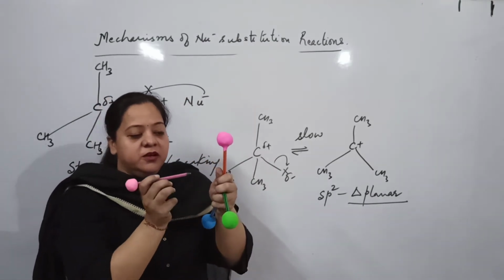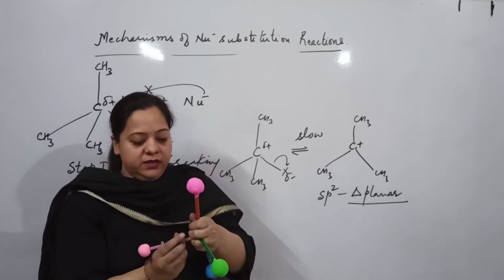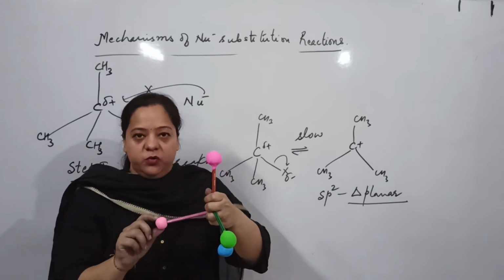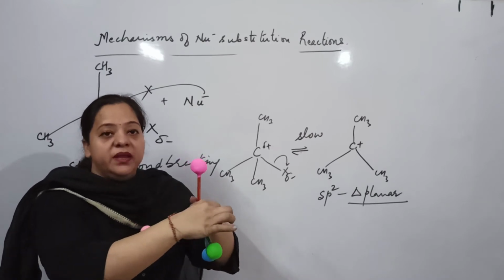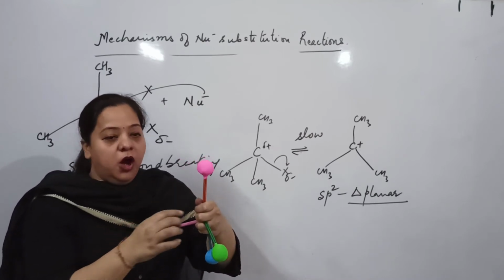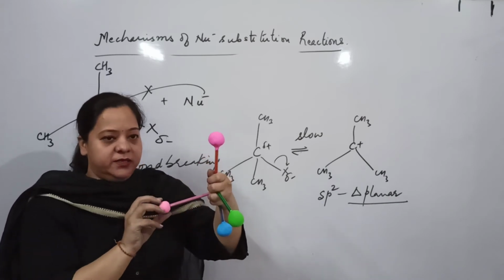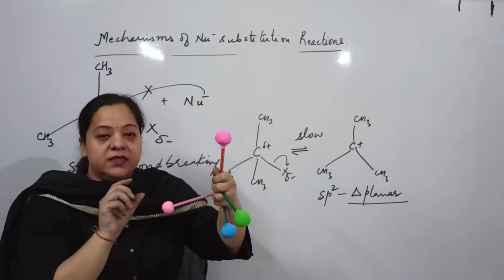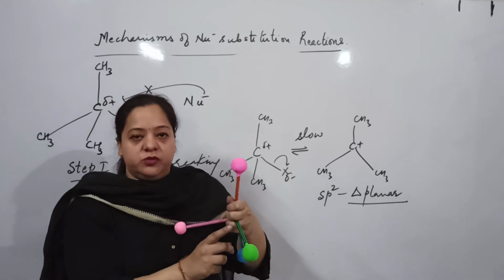And when the rear attack takes place, then the situation is like this. In this case, the incoming nucleophile occupies the position which is the mirror image position of the leaving group. The leaving group was on this side and the incoming nucleophile is on this side. In this case, the incoming nucleophile occupies the mirror image position.